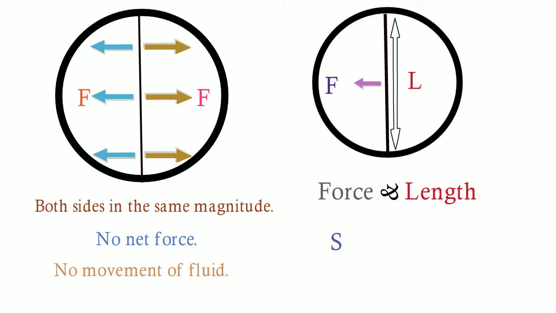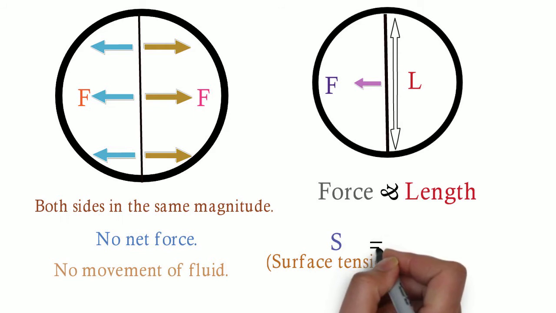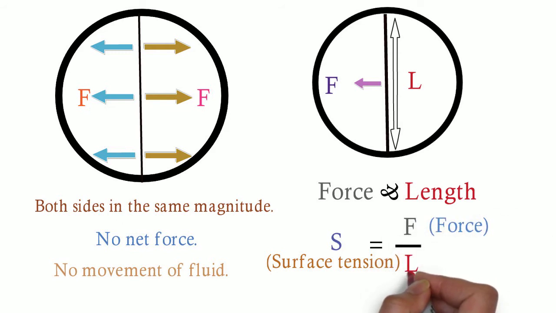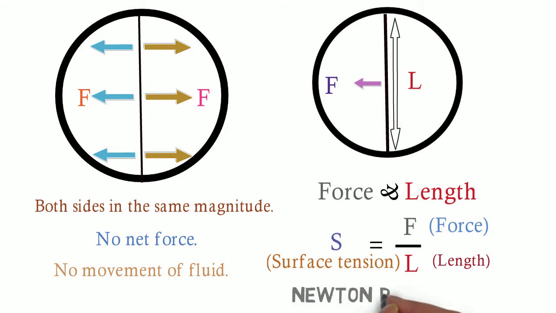To remove the proportionality, we can introduce the letter S. This S, surface tension, is constant for a particular fluid, at particular temperature and pressure. Now, the equation becomes S is equal to F, force, divided by L, length. This is the equation for surface tension and the unit is Newton per meter.